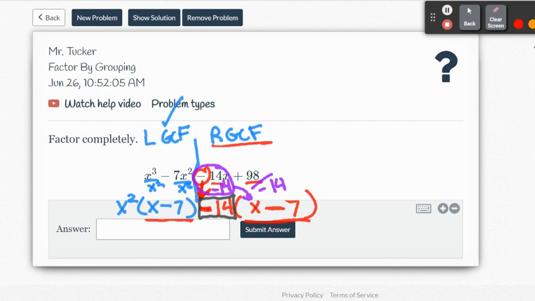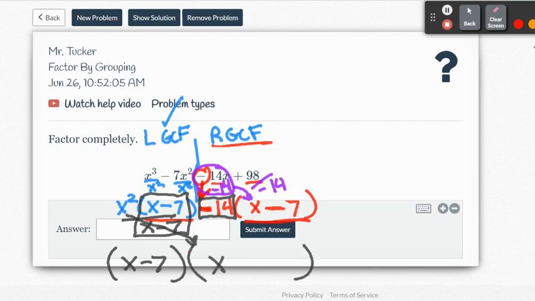The second step has to be a common binomial factor. Since it is, I'm going to factor out my x minus 7 here. And by factor out, I mean it divides out. That's what factoring is. So this piece, you divide by x minus 7. What's left is the x squared in parentheses, so you write x squared.